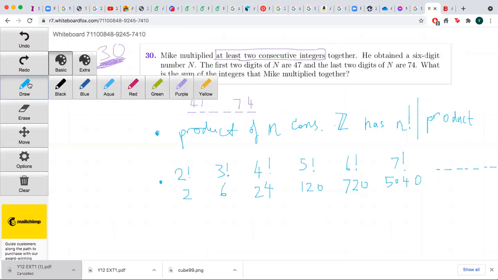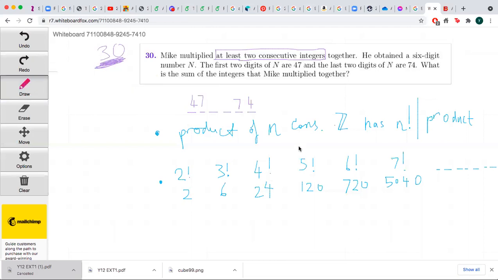Amazing. Actually, it could be 4, right? I mean, just based off this information, we don't know that it's not 4. No, it can't be 4 because 74 isn't a multiple of 4. Okay, actually, that's good. I actually didn't go that far yet.